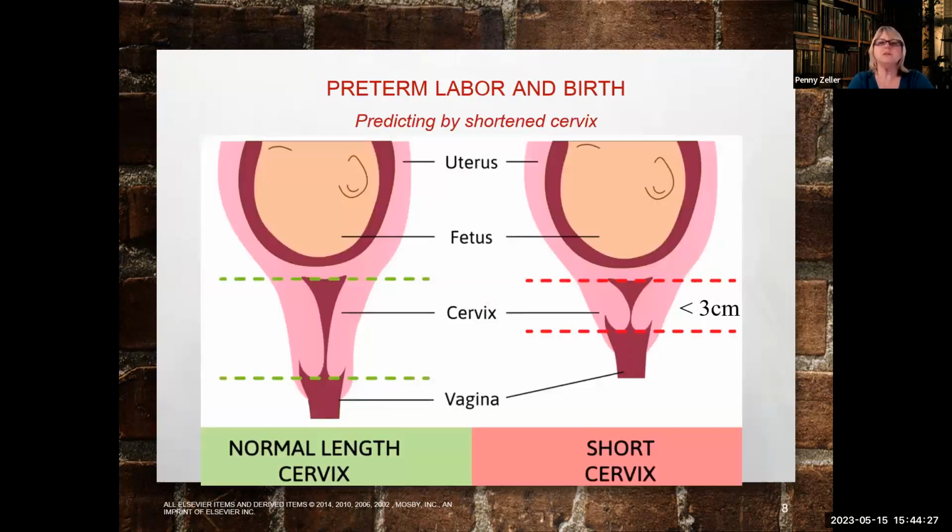And last week, we talked about incompetent or insufficient cervix, a cervix that's too short. If we don't band it, if we don't put a cerclage around it, she's going to deliver early. This is a great picture of that. Most of the time we see the cervix is short when we do ultrasounds.